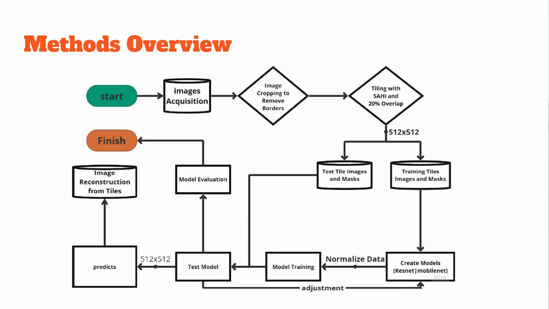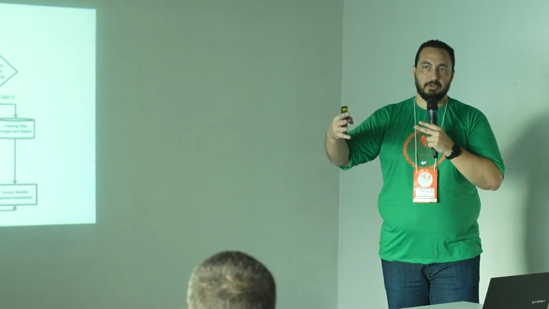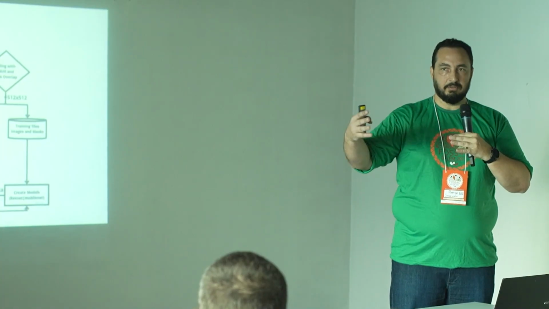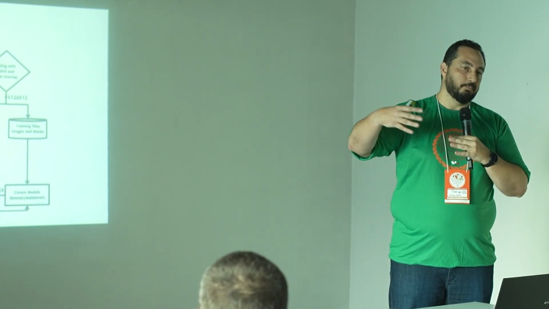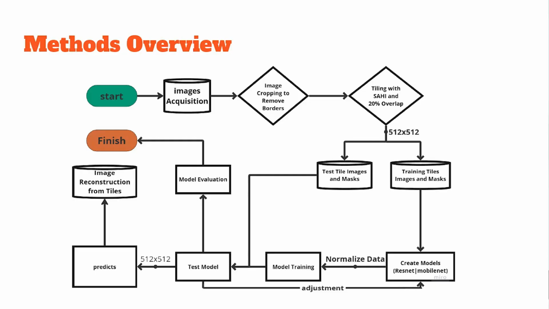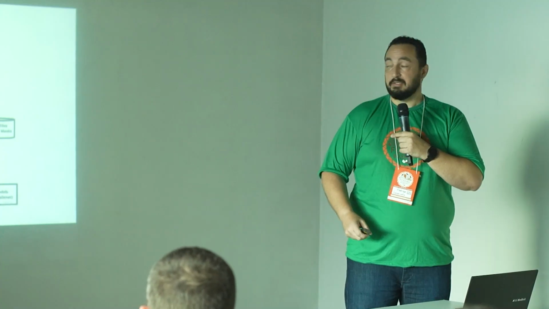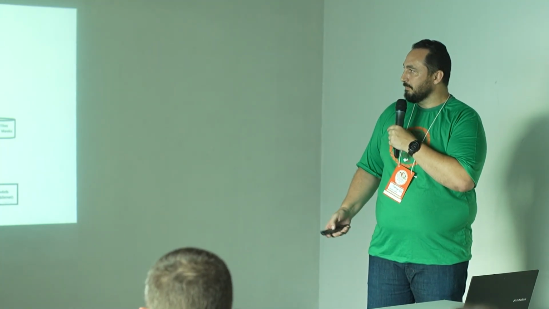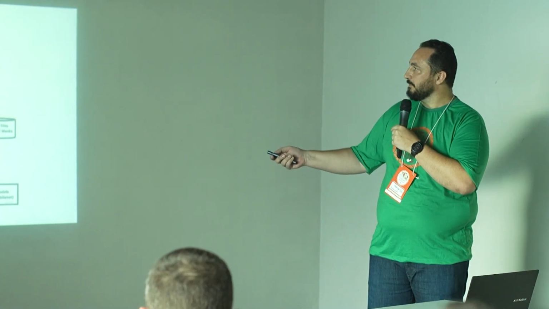We had our data set of images, so we pre-processed them, tiled, cropped, divided them, and split our data set for training the model, validating the model, and then testing the model. And we evaluate the results after that.